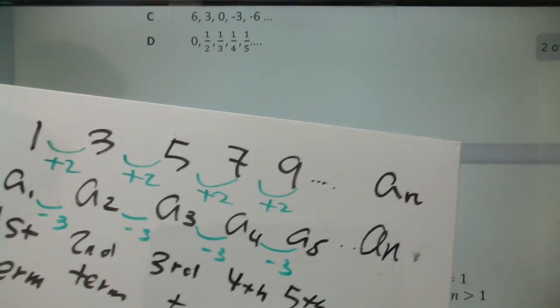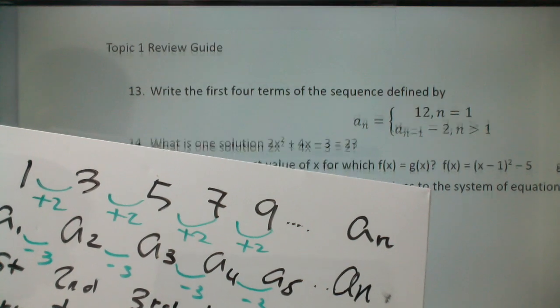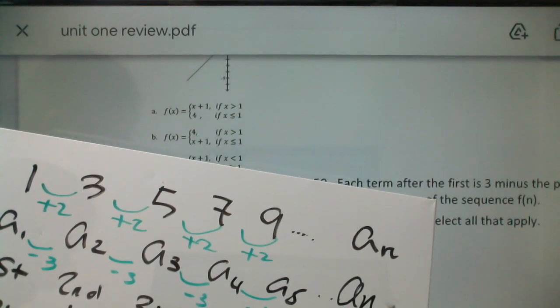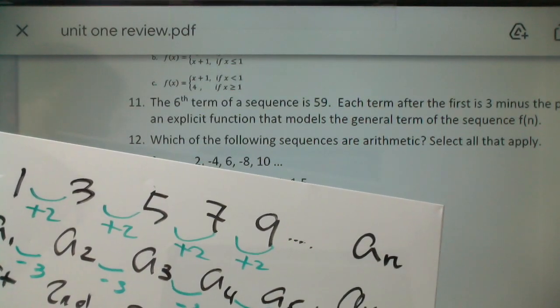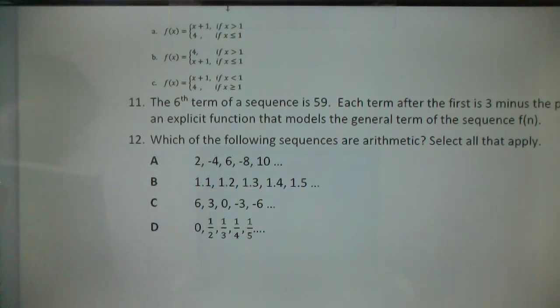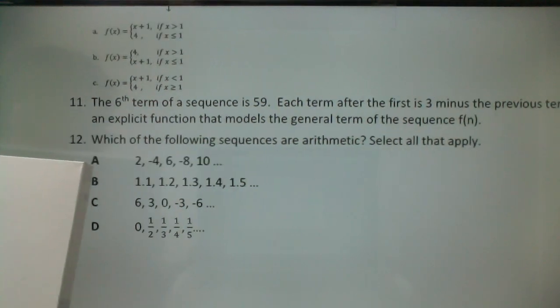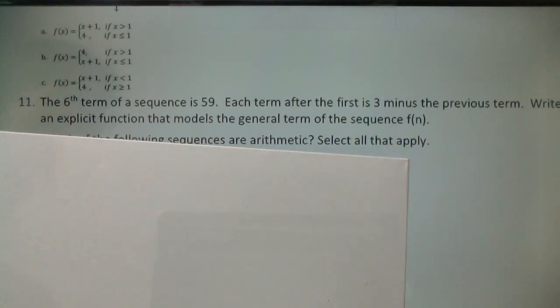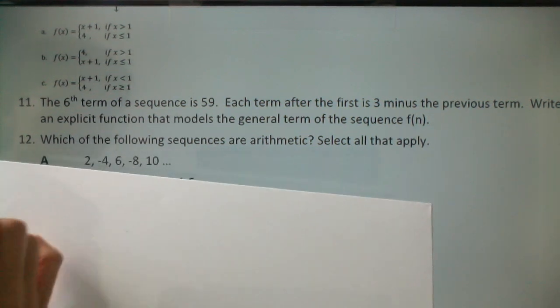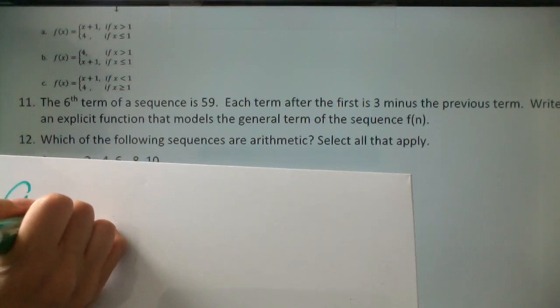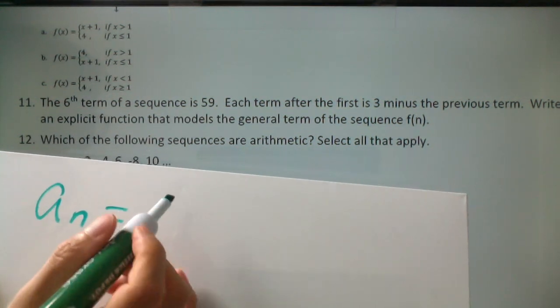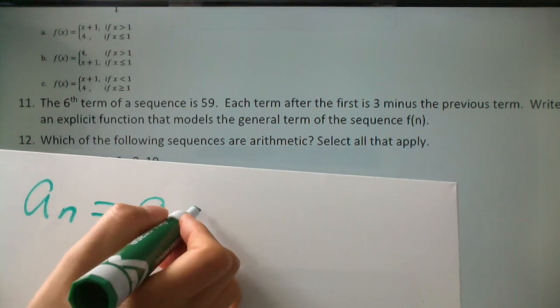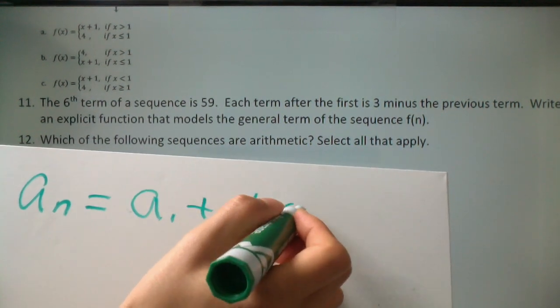Okay, so I will erase all this, and then I will start to solve the question. So, the explicit function is an equals a1 plus (n minus 1) d.